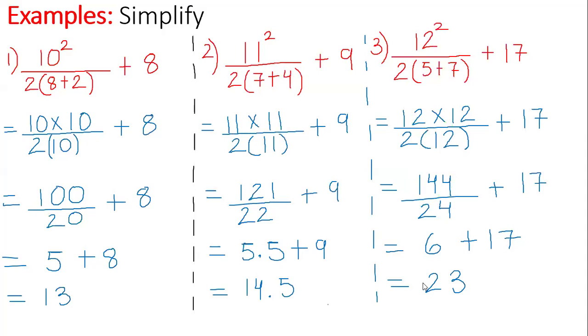When we do 144 divided by 24, our answer is 6. And so we have 6 plus 17, which gives us 23.